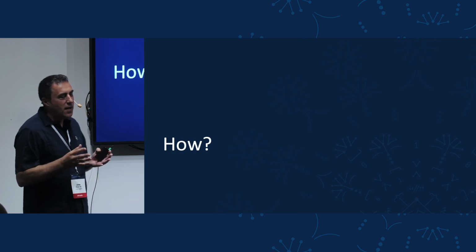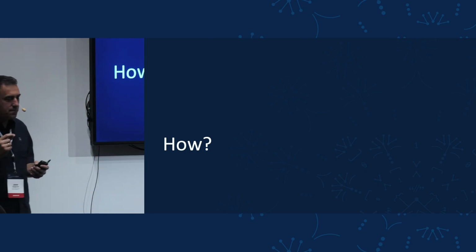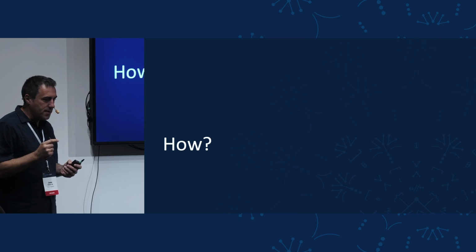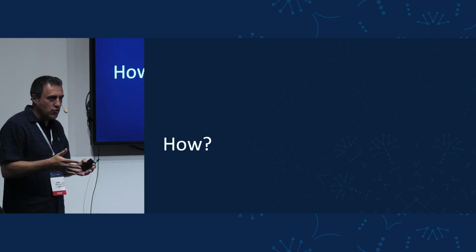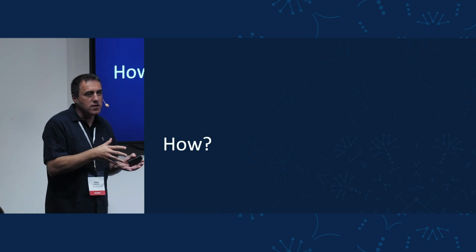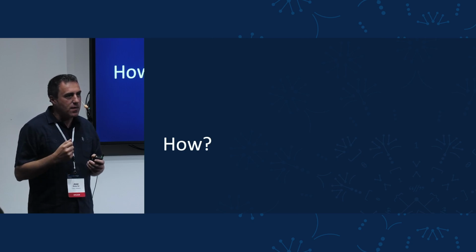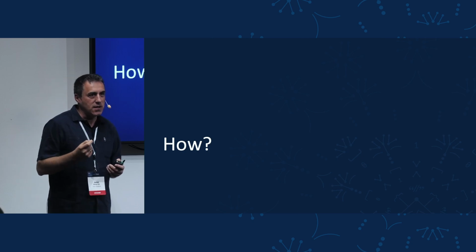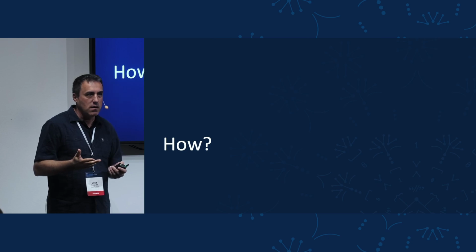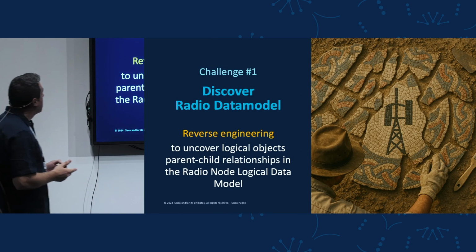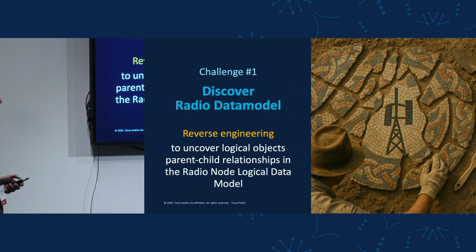Okay, we are here just to show how we turned this challenge into something that works. And looking back now, I think we have 6 major challenges that we want to share with you. The first one is discovering the radio data model.